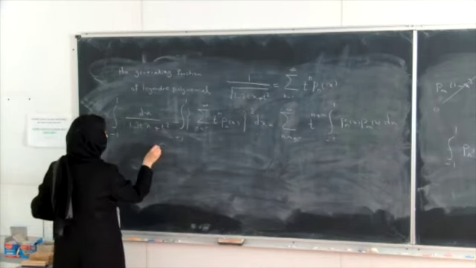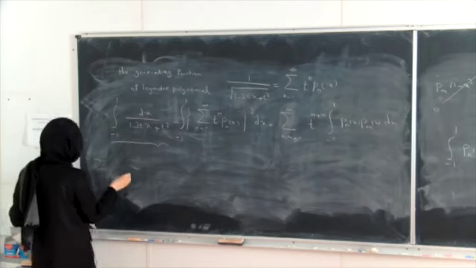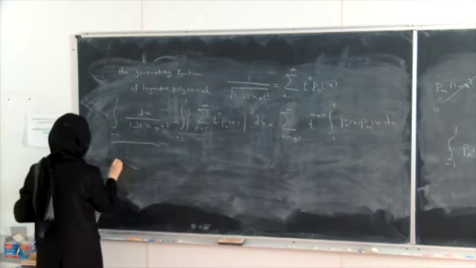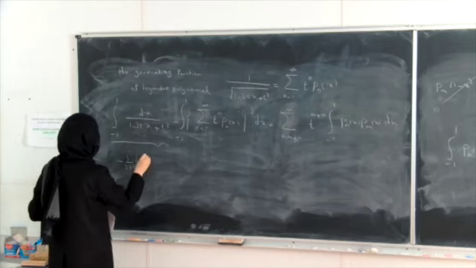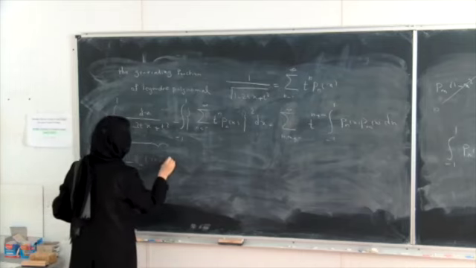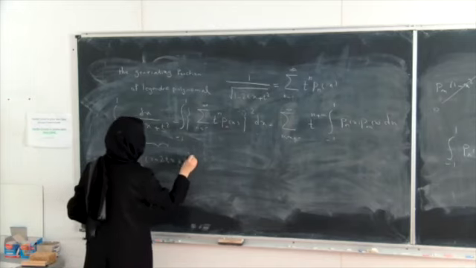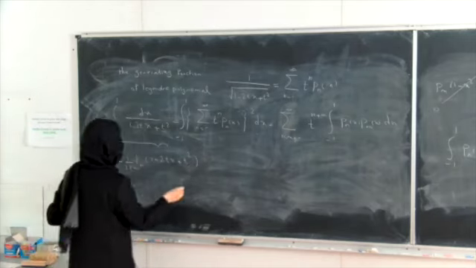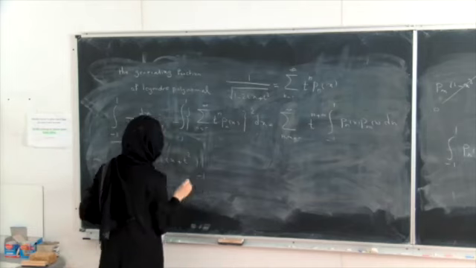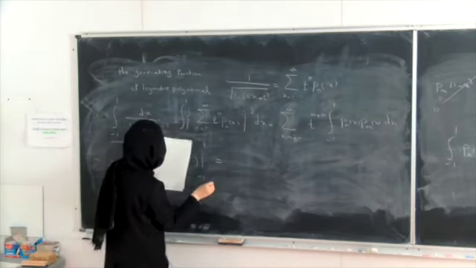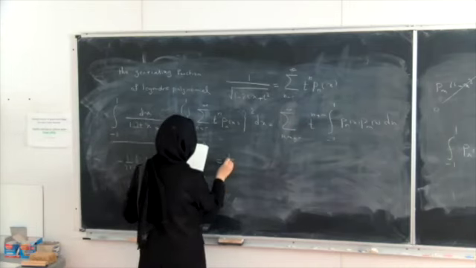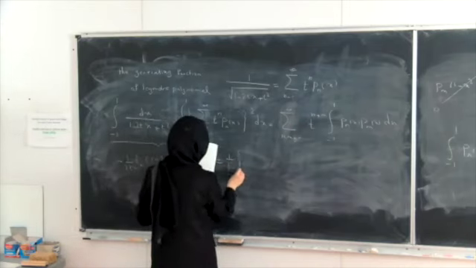Also, we know that this integral, with 1 minus 2xt plus t2, from minus 1 to 1, can be obtained as this.